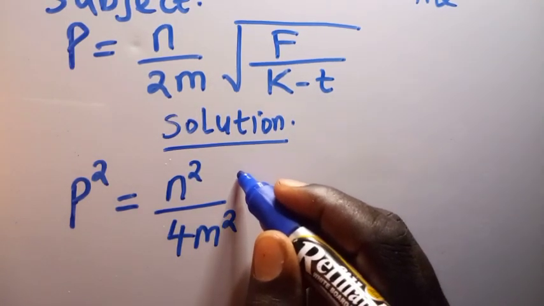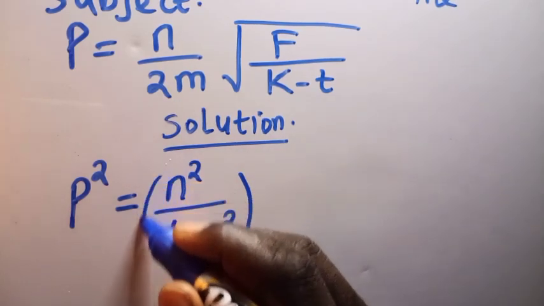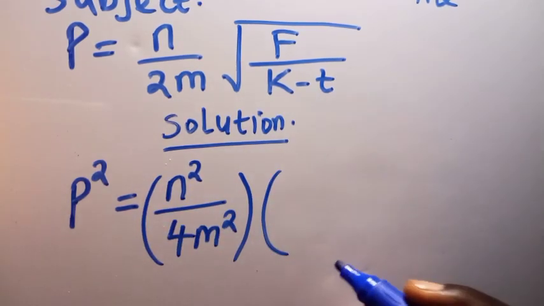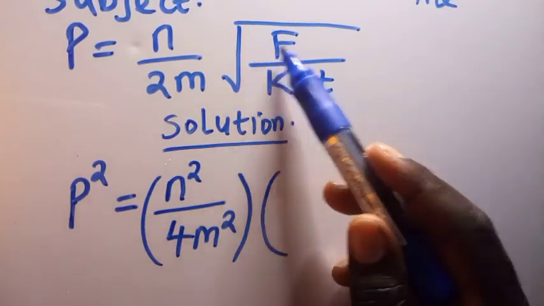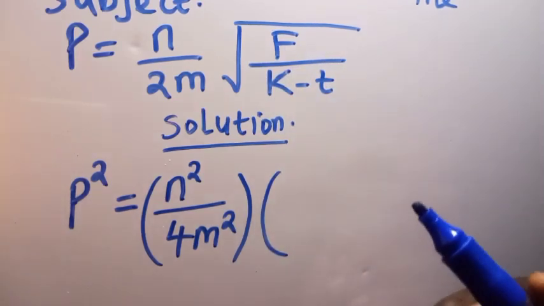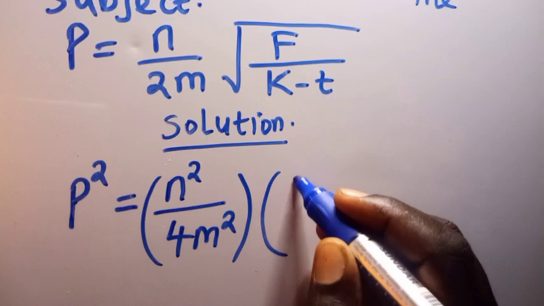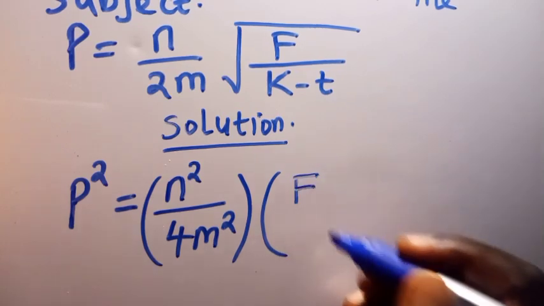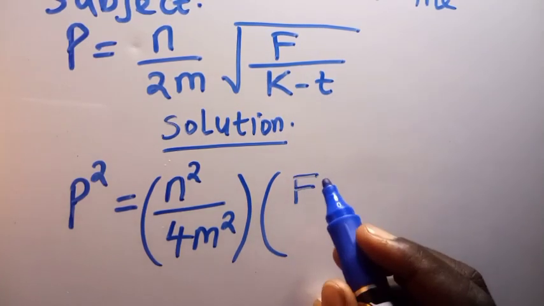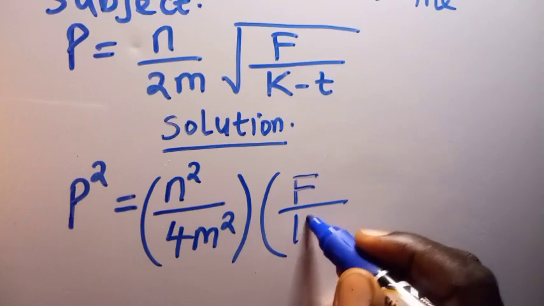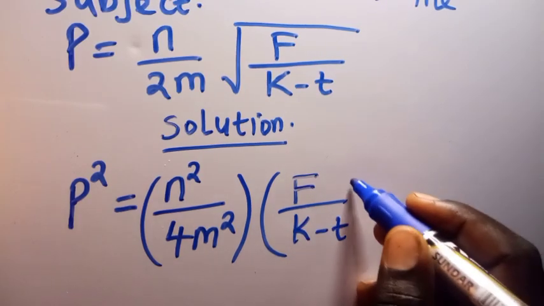Then let us put this one in the bracket. And then if we square what is under the square root sign, then the square root sign will disappear, and therefore we shall have f over k minus t.